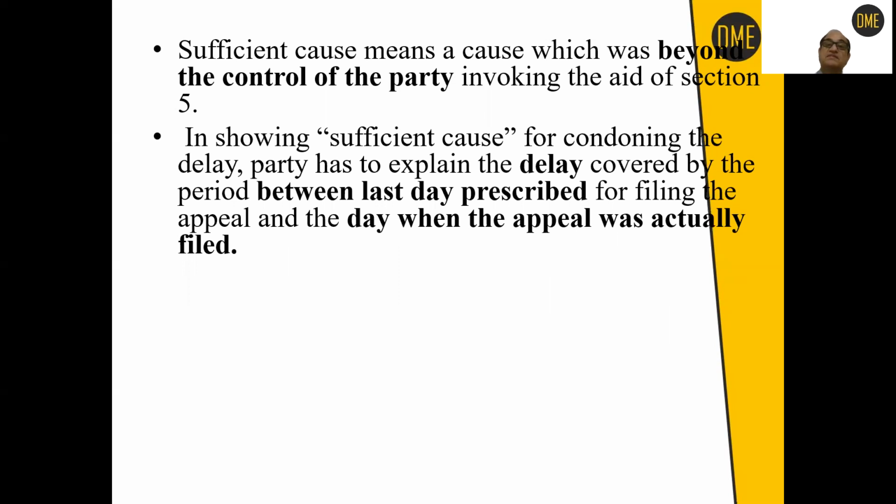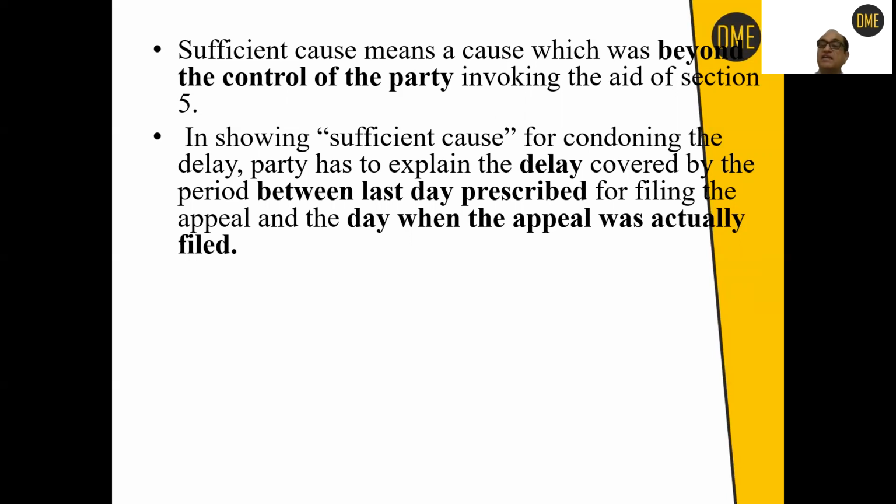And not only this, when you are going to show sufficient cause before the court for condonation of delay, you will have to explain the delay covered by the period between the last day prescribed for filing of the appeal and the day when the appeal was actually filed.